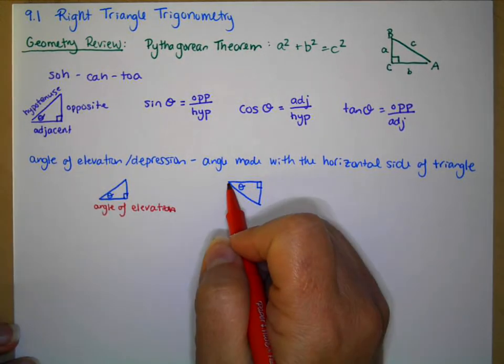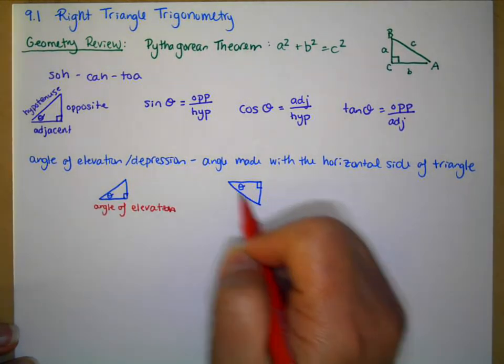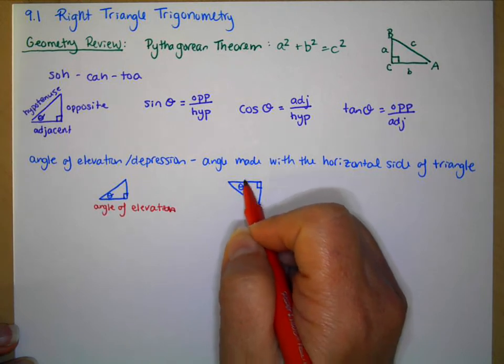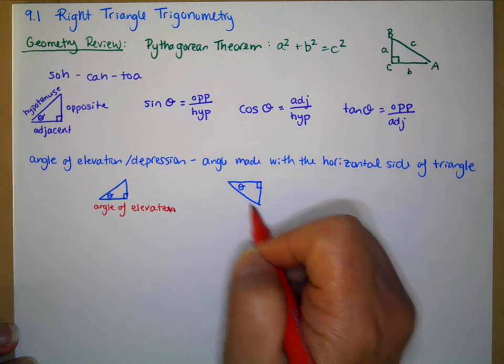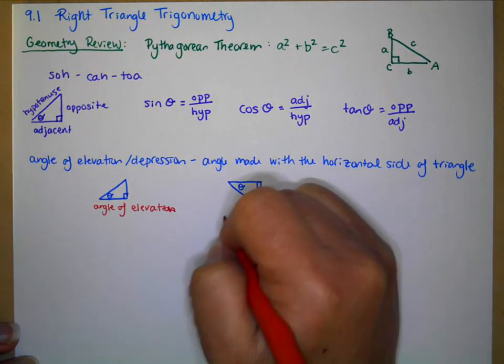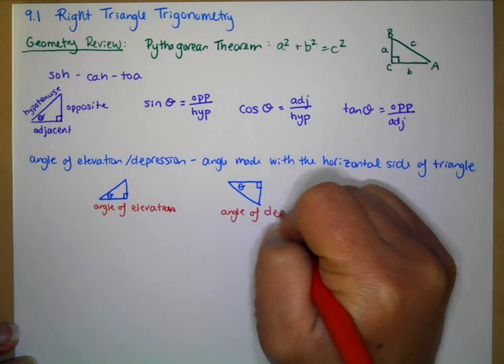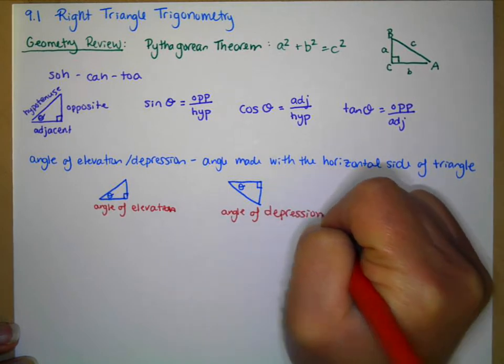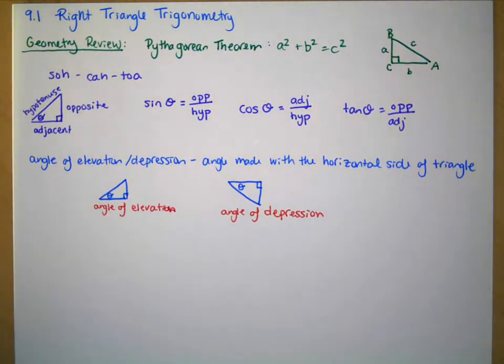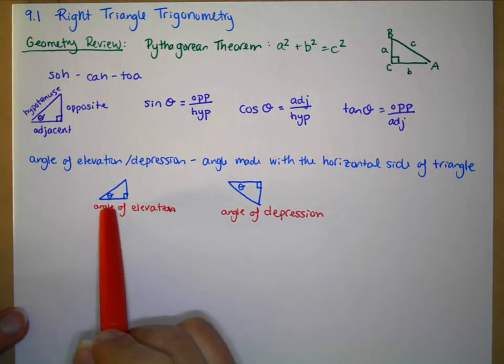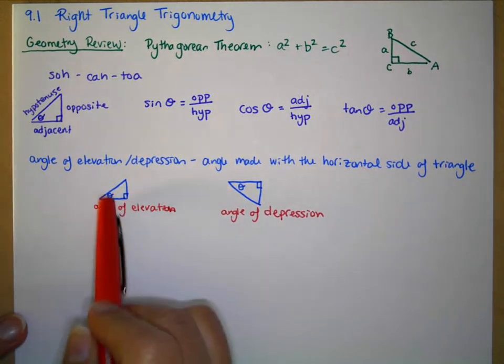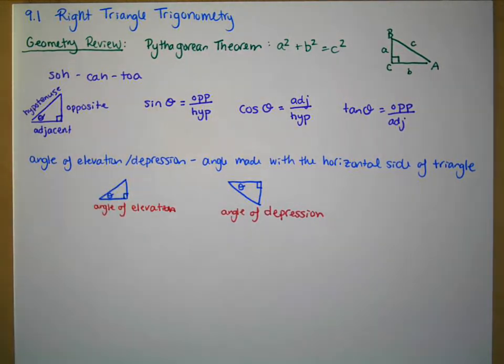If you're up here and looking down, the angle between the hypotenuse and the horizontal side is the angle of depression. So if you have a word problem that talks about an angle of elevation or an angle of depression, make sure that when you set up your triangle, you label that angle as the one next to the horizontal side of your triangle. Let's take a look at a few examples.